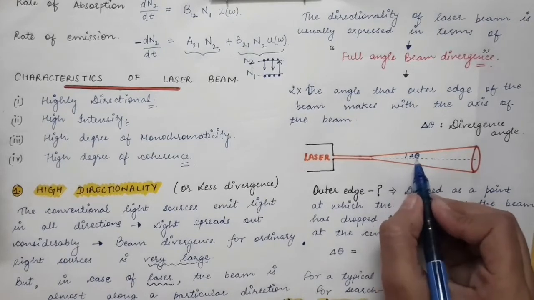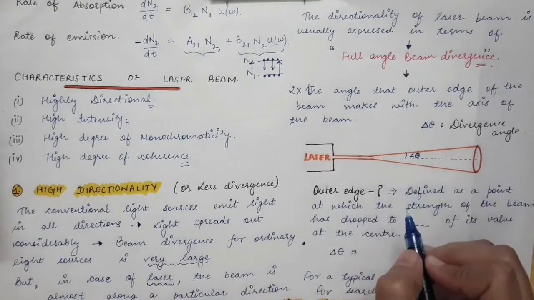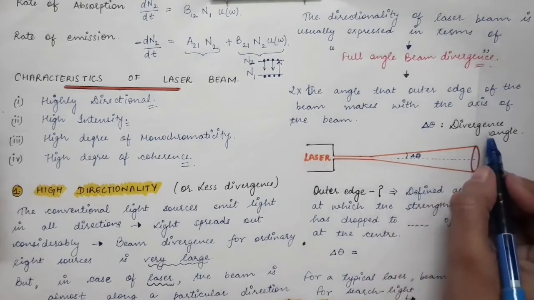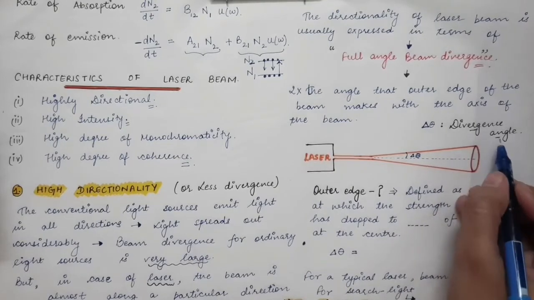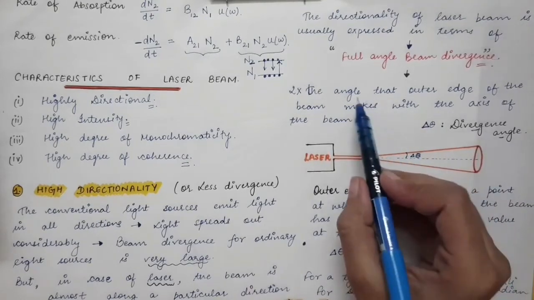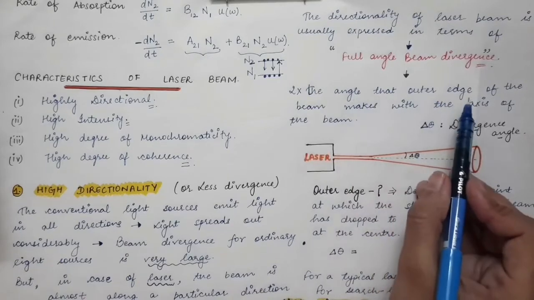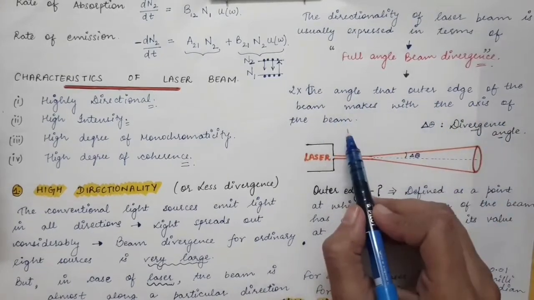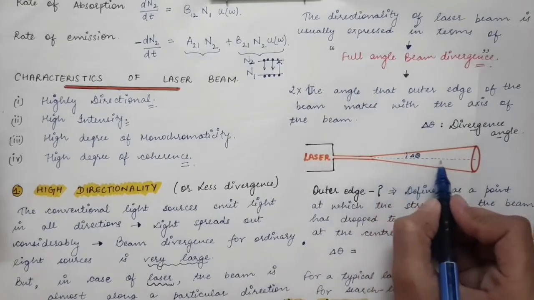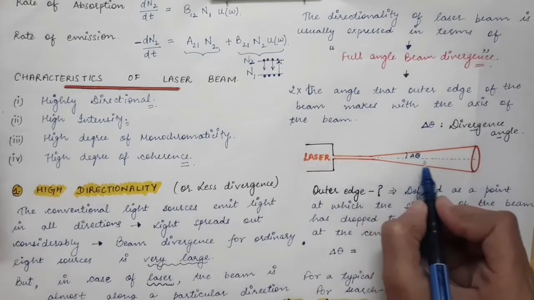So here we measure this delta theta angle. Now what is this delta theta angle? This delta theta angle is the divergence angle. Now what is this divergence angle? It is the angle that the outer edge of the beam makes with the axis of the beam. This is the axis of the beam which I have shown with the black dotted line.